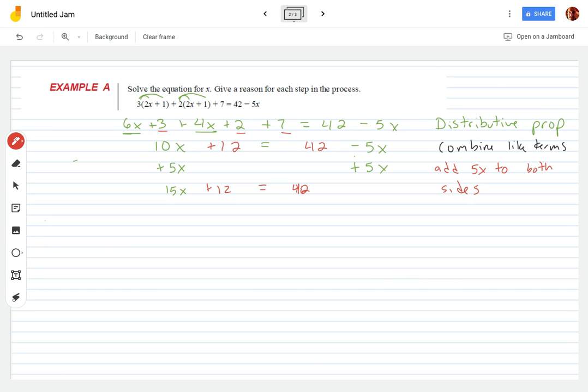That is something we can do. Adding 5x to both sides does not change our equality. It might change what it looks like, but our equal sign can still stay there. Next, I'm going to subtract 12, and we end up with 15x equals 30. So we subtracted 12 from both sides.